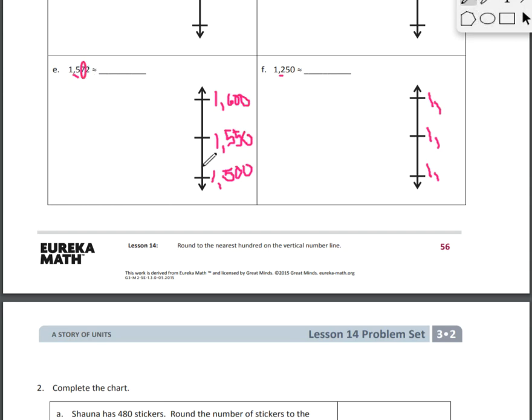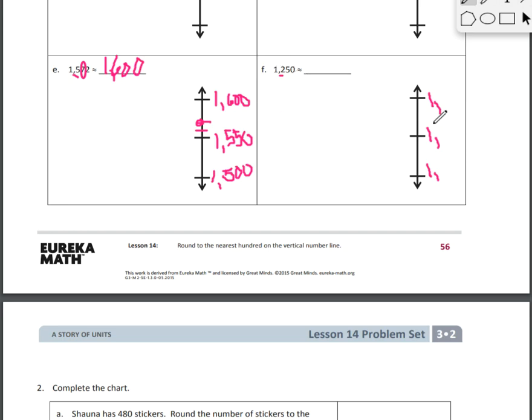It's a 7. 7's meaning I go up. So I am already thinking this is going to round to 1,600. Let's check our work. All right, 1,550, 1,560, 1,570. Yep, here I am. We are closer to 1,600.